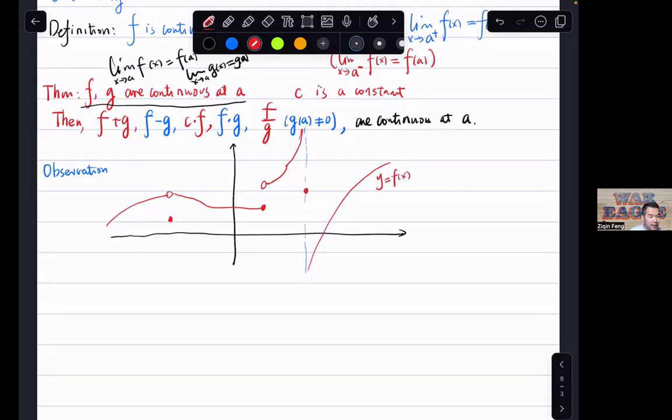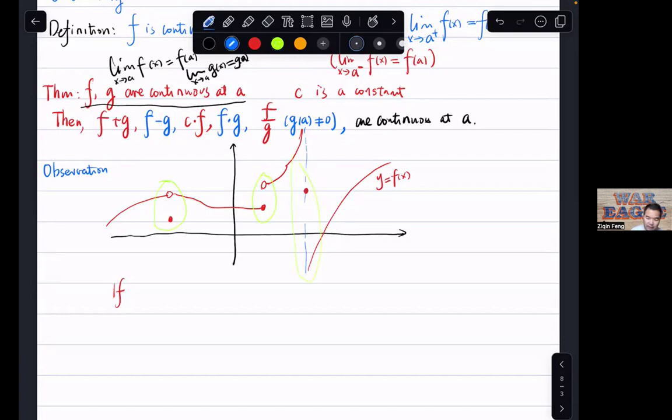You can see that if the function is not continuous at a point a, and a is in the domain, and if this happens, you have a hole, or you have a gap, or you have a vertical asymptote. Then this function is not continuous. Something like this.